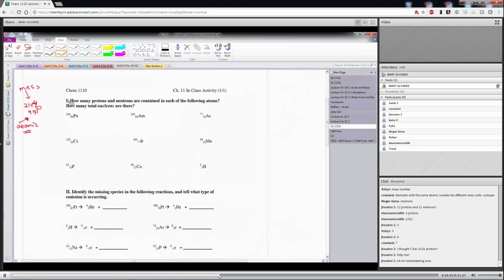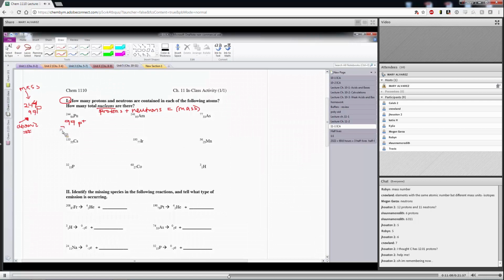Okay, so for section 1, how many nucleons? And remember, nucleons are protons plus neutrons. Or in other words, since that equals your mass, your nucleons are your mass. So for 244.94, this is plutonium. I'm going to have 94 protons, because that's given by definition.